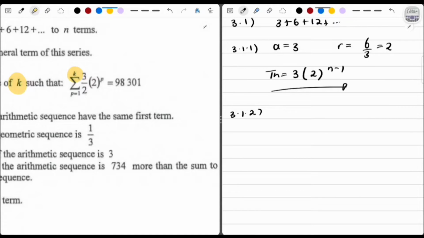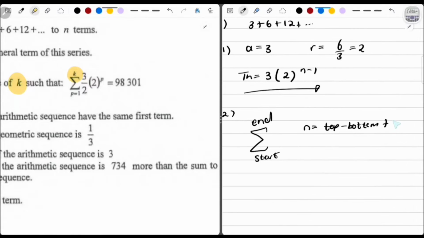Please do also check other questions with sigma in them because it can be confusing sometimes, but this one is quite straightforward. Remember that in sigma notation, this is where you start, this is where you end. But to find how many terms there are in this series, you must say the top number minus the bottom number, plus 1.